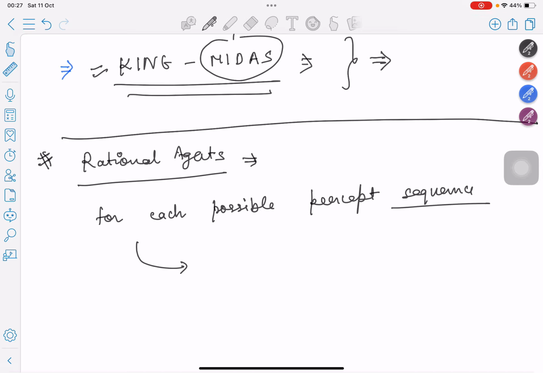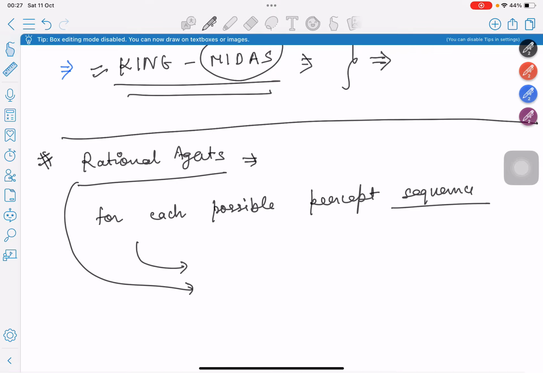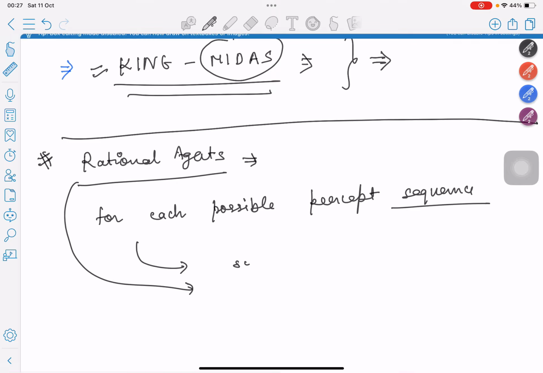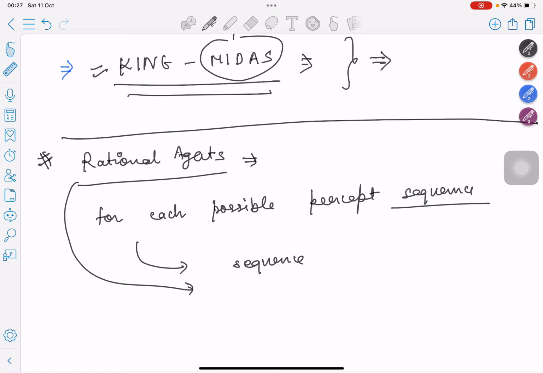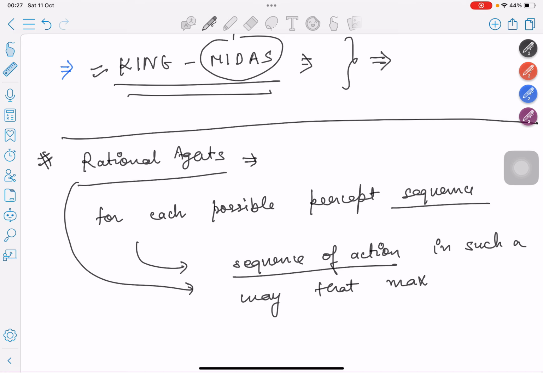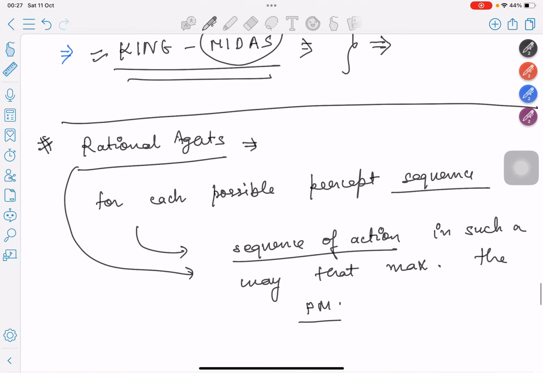So for each possible percept sequence, what will the rational agent do? It will generate a sequence of actions in such a way that it maximizes the performance measure, given the evidence provided by the percept sequence and whatever built-in knowledge the agent has.